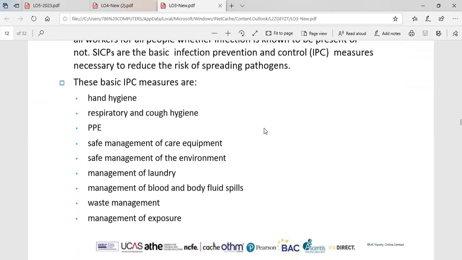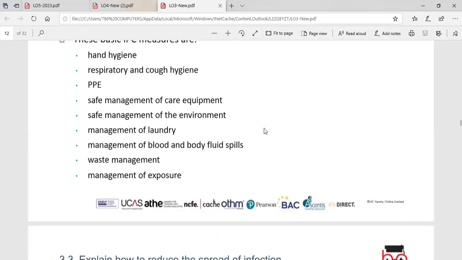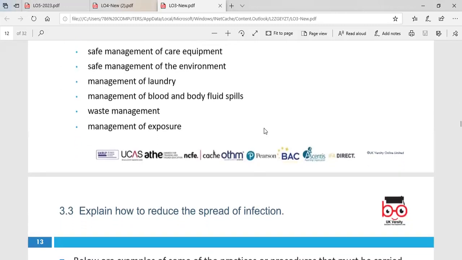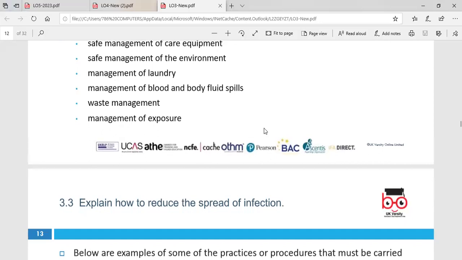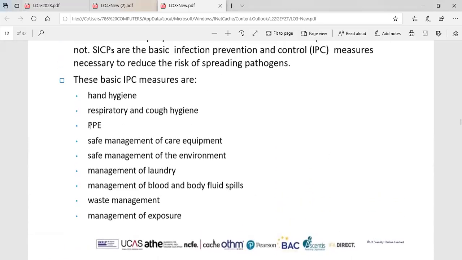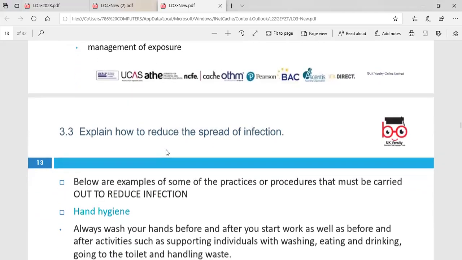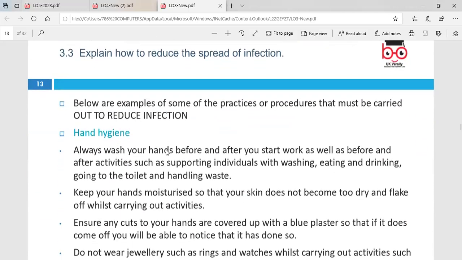So IPC includes hand hygiene, respiratory and cough hygiene, your PPEs that you use, safe management of care equipment, safe management of the environment, management of laundry, management of blood and body fluid spills, waste management, and management of exposure. So all of these are infection prevention and control measures, and these all have a role in reducing the spread of infection. How would you reduce the spread of infection?